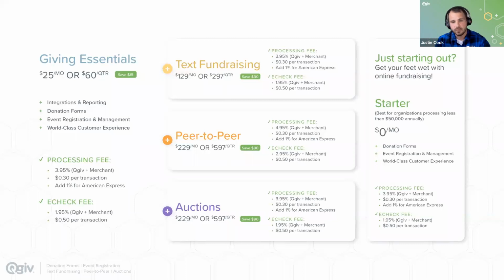To get the integrations and some of the advanced reporting, you would need the Giving Essentials package. We have some other great features coming later this year as well. And if you're looking to use text fundraising as well, you would need to add that package too, and you'd be able to automatically import that information from Qgiv into your Bloomerang account.